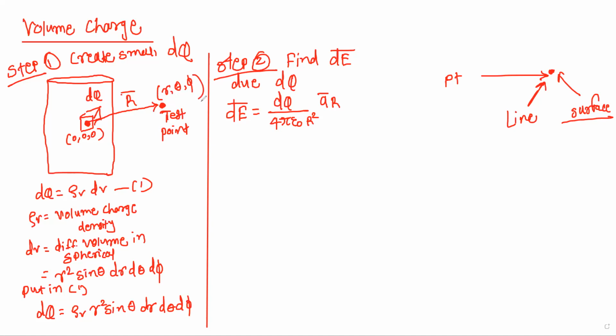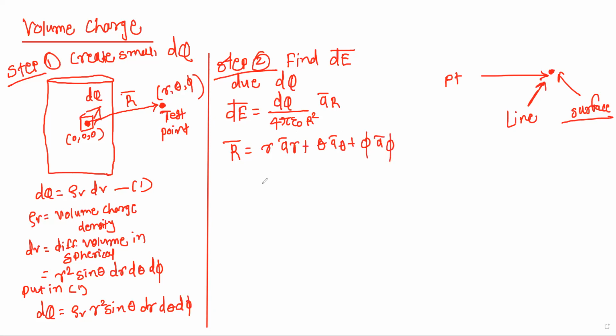If I take those as coordinates, you will get r bar equal to r minus 0 a bar r, so it will be r a bar r plus theta a bar theta plus phi a bar phi.